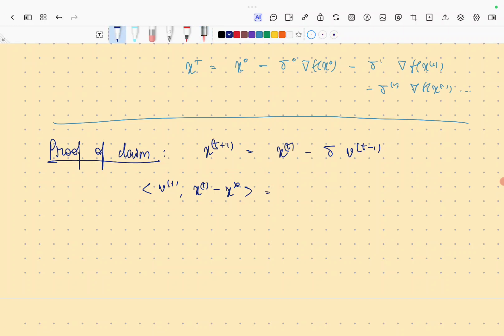I can write this as 1 over delta times the inner product between delta times vt and xt minus x star, just from the linearity property of the inner product.